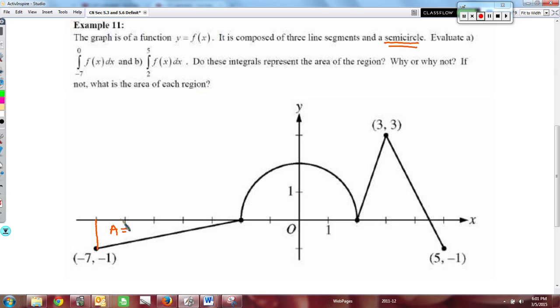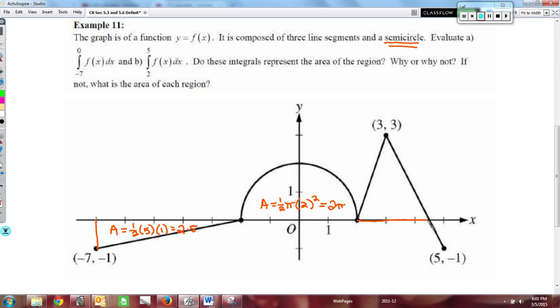This area, you have 1, 2, 3, 4, 5, is going to be 1/2 of 5 times 1, or 2.5. This area is going to be 1/2 of pi r squared. And since the radius here is 2, this would equal 4 pi times 1/2, or 2 pi.